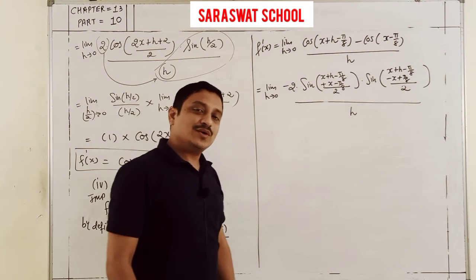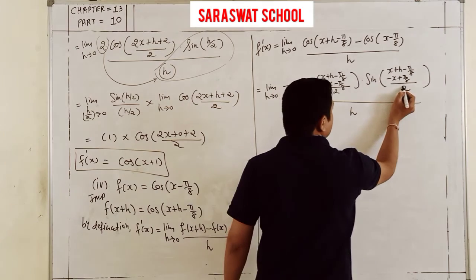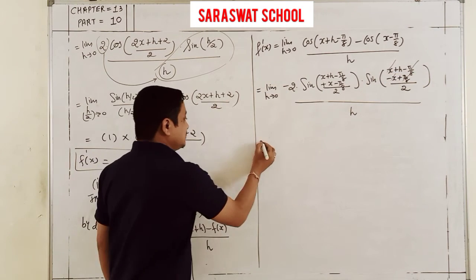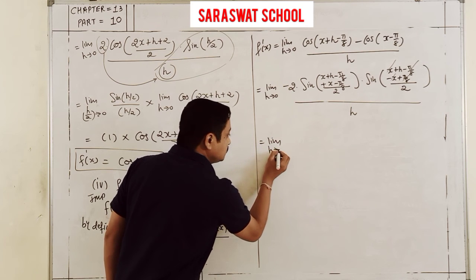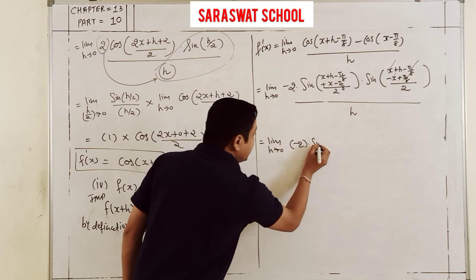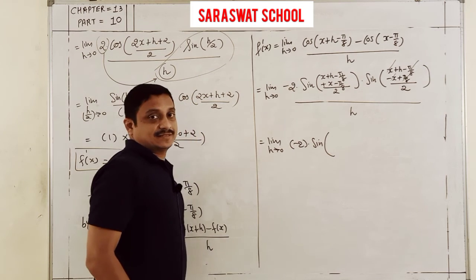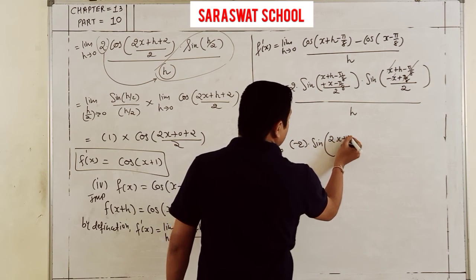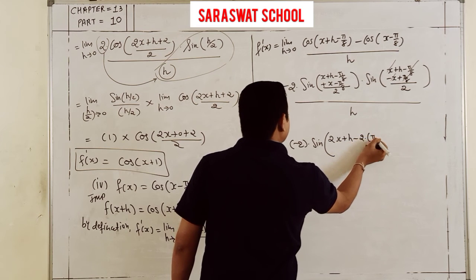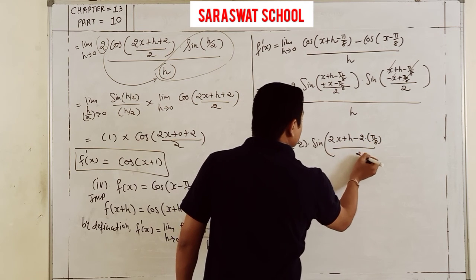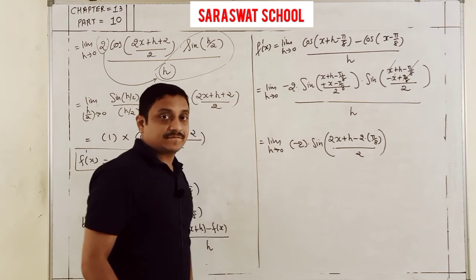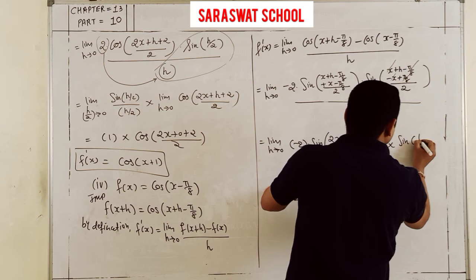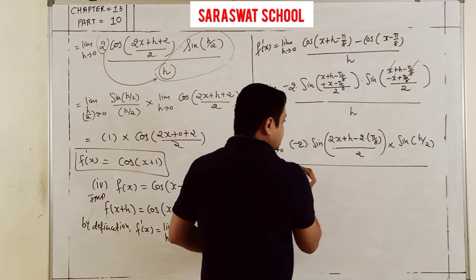So this cancels and that cancels, and here limit h tends to 0, minus sine of (2x plus h minus 2 times pi by 8) by 2, and the remaining is sine of h by 2 upon h.